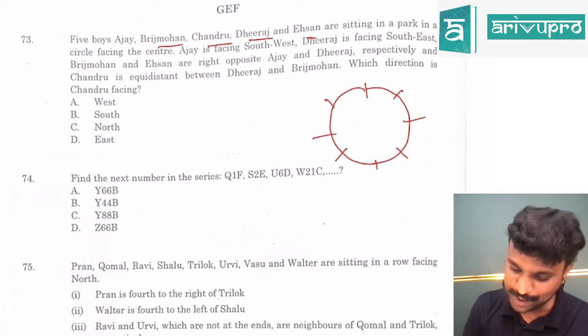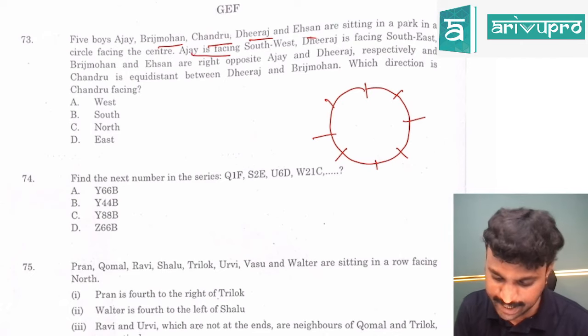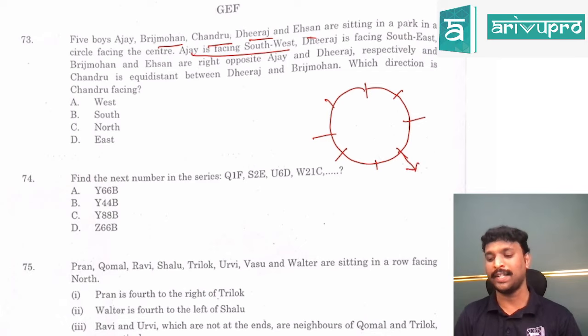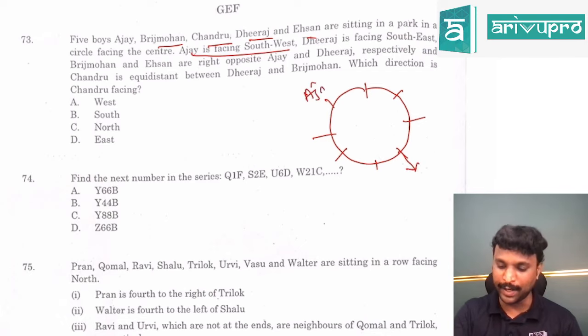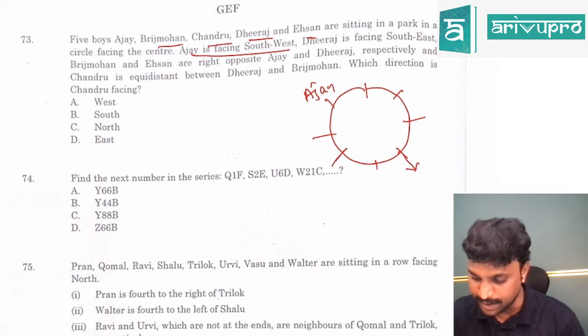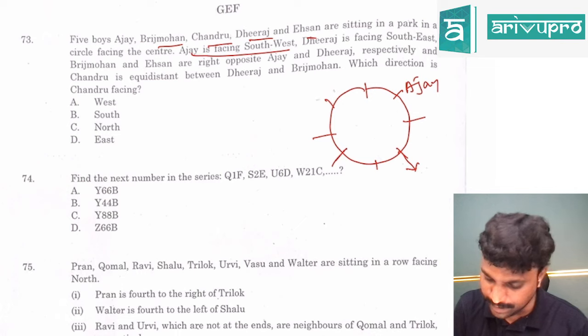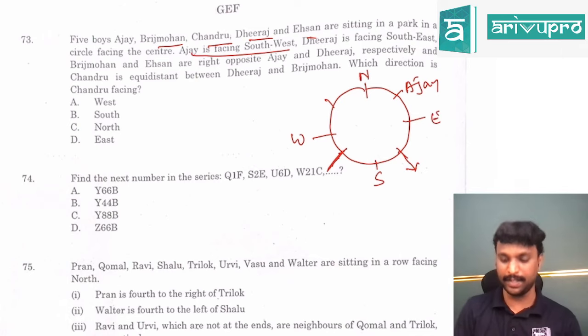So look at the question, guys. Ajay is facing southwest. So Ajay should be over here, because southwest is this, correct? Because this is south, this is north, this is west, this is east.